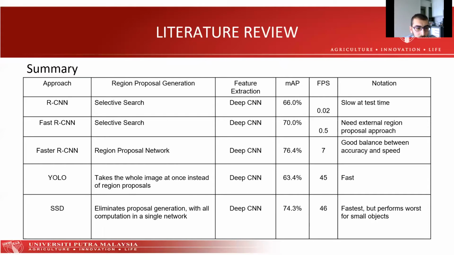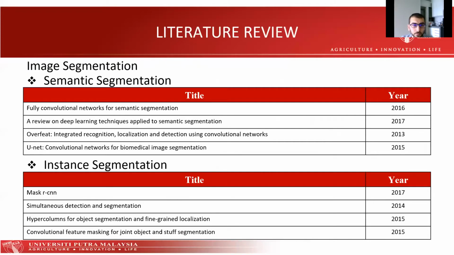Single Shot MultiBox Detector eliminates proposal generation with all computation in a single network. And the highest accuracy, as you can see, is for Faster RCNN, 76.4%.